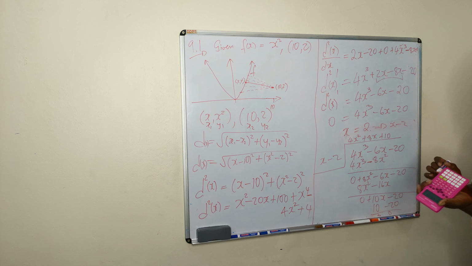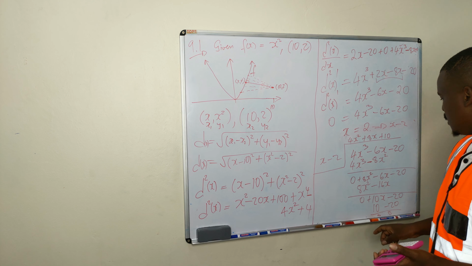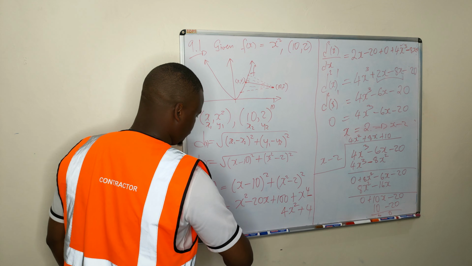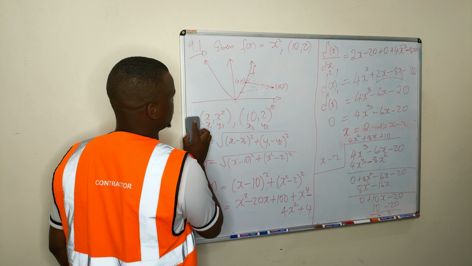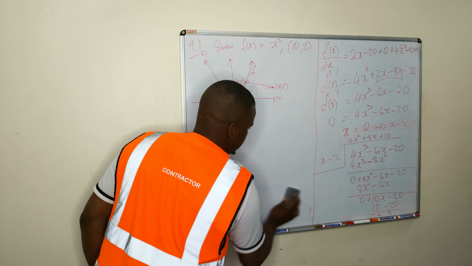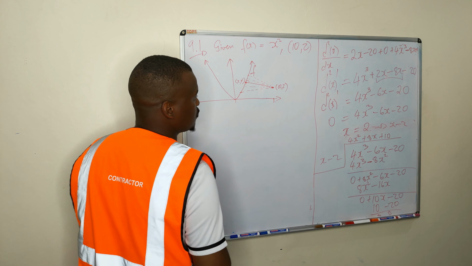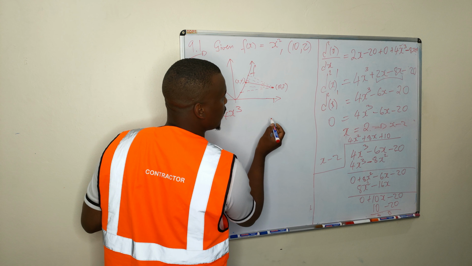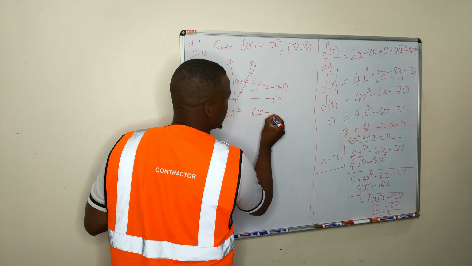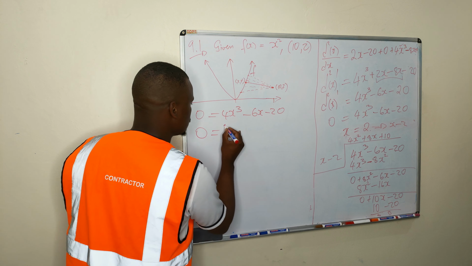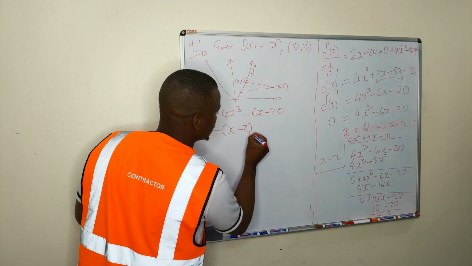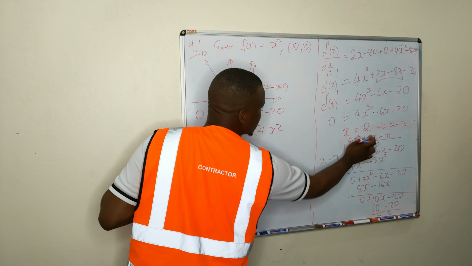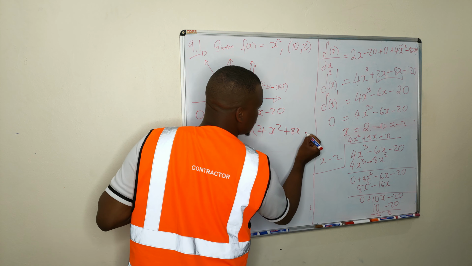So what this means is, to factorize this, 0 is equal to 4x cubed minus 6x minus 20. You have 0 is equal to x minus 2 times 4x squared plus 8x plus 10.